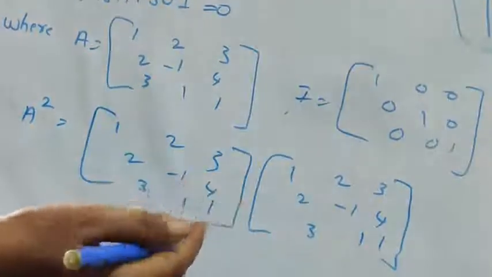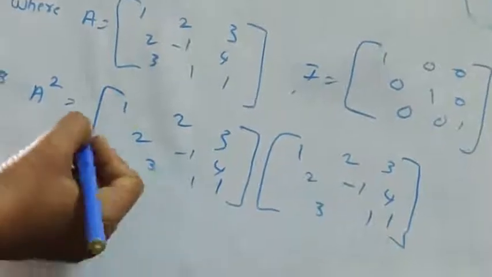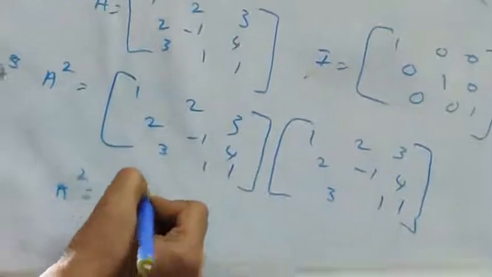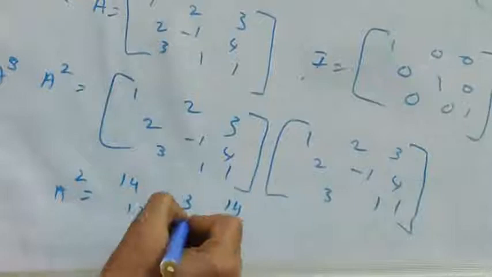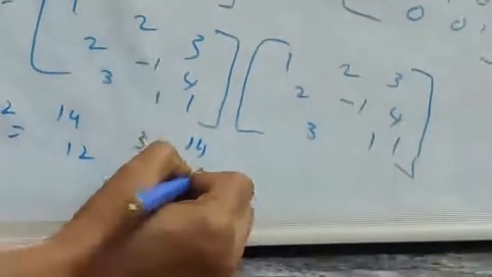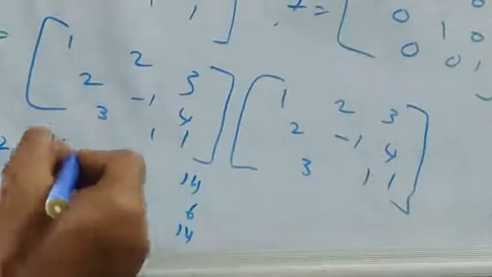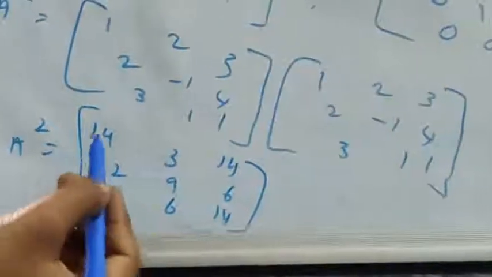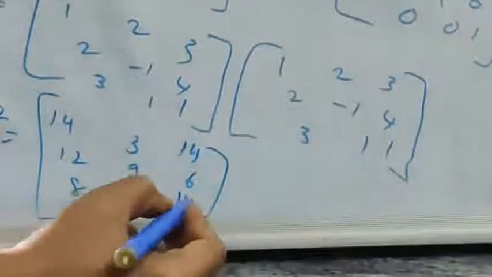Like that, the overall elements by solving A square, we will get 14, 3, 14, 12, 9, 6, 8, 6, 14.